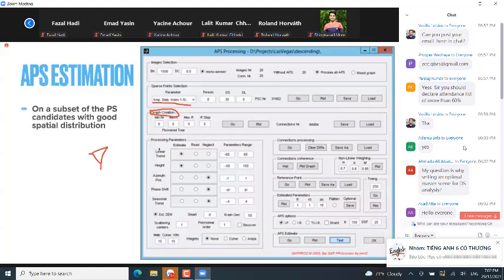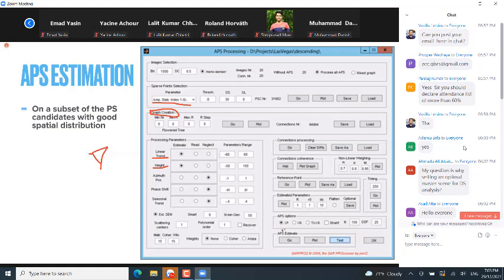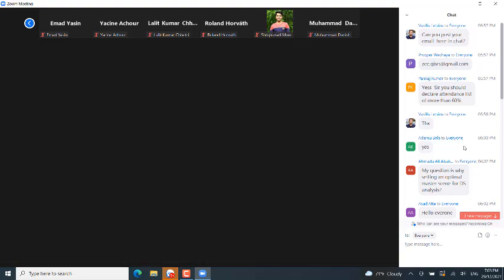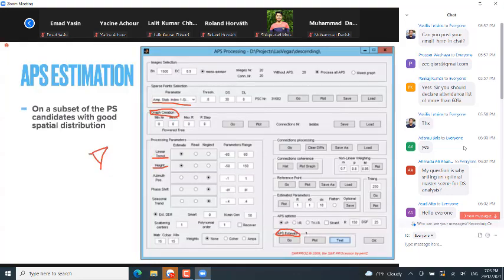And then we estimate, for example, linear trend and height between a certain parameter range. That is because the periodogram approach is used. And at the end we get to the estimation of the atmospheric phase screen, which will then be removed.